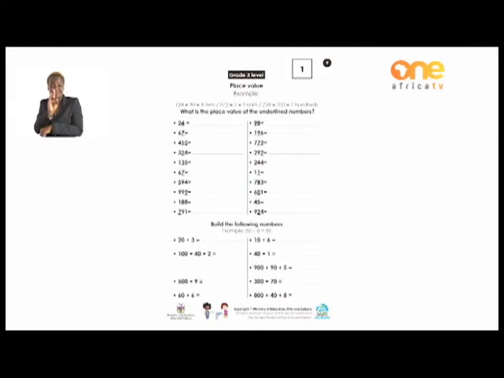The 7 is the one that is underlined, but what place value is that? It's at the units, so you write units there. All right, and I would like you to complete the rest of the activities by writing the correct place values next to each number. Down there below, we have to build the numbers.